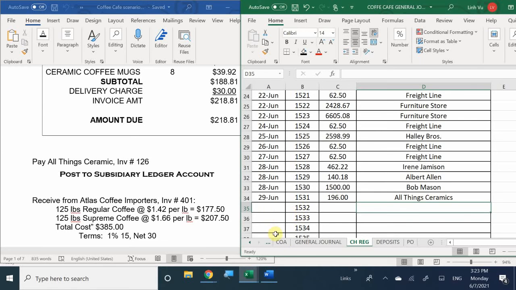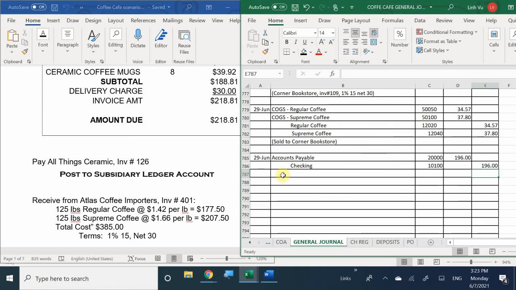Okay. Then we go to our general ledger. Well, let's finish our note in the journal first, and then we'll go to the ledger. So, my note is Payment to All Things Ceramics, invoice 126. Good. Check number 1531.